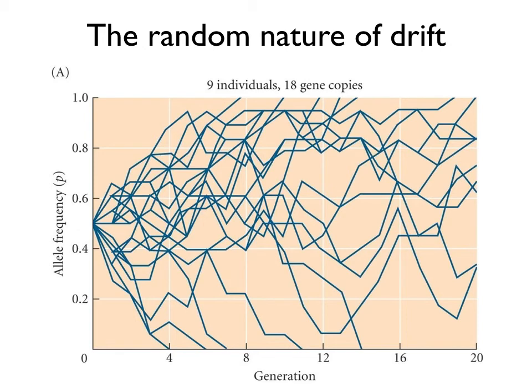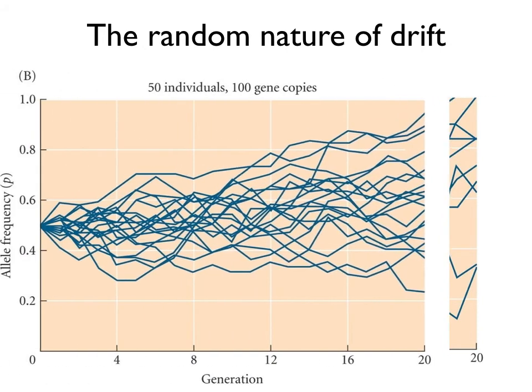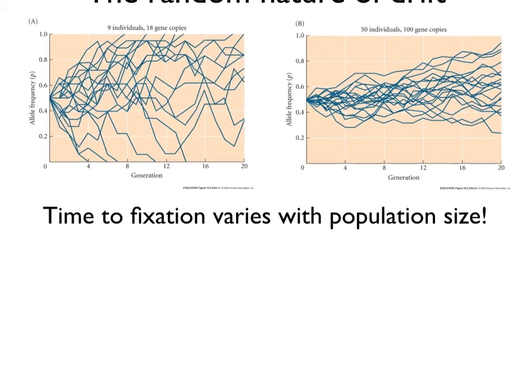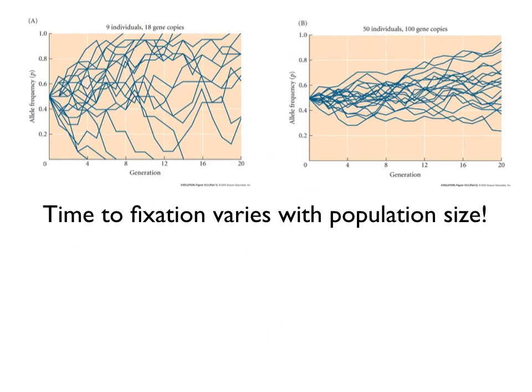But instead of 9 individuals, if we have 50 individuals in the population, look what happens over 20 generations. It's a very different picture. The time that it takes for one allele to either drift randomly to 0 or to 1 is heavily impacted by population size.